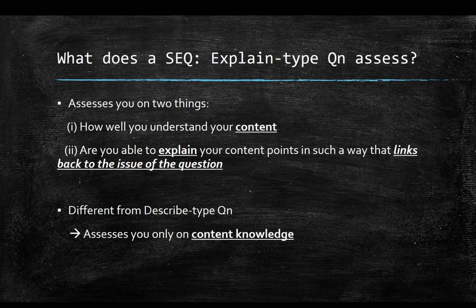Now, an explain type question differs from a describe type question in the sense that a describe type question only assesses you on your content knowledge. That is why an explain type question is 6 marks, simply because it actually requires more thinking processes on your end.